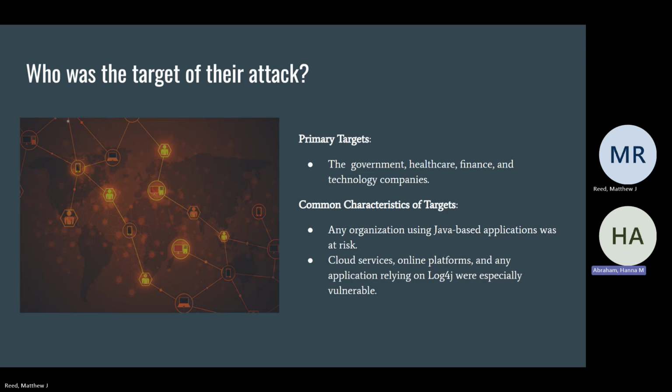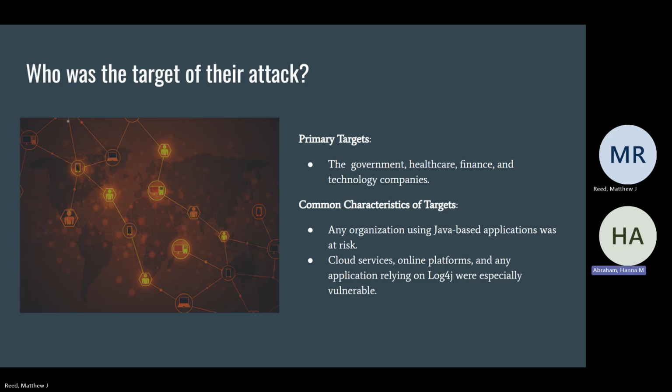Government networks manage sensitive citizen data, whereas healthcare companies maintain private patient records, making them particularly tempting targets for cyber criminals. The vulnerability's widespread applicability caused immediate and severe risks in these businesses, as attackers may have used it to interrupt services, steal sensitive data, and corrupt essential systems.